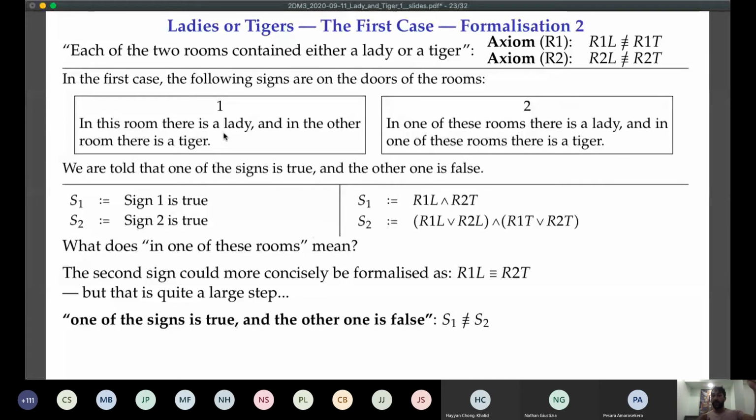So room 1 has a lady and room 2 has a tiger. That's what sign 1 says. Sign 2 says, in one of these rooms there is a lady, so room 1 has a lady or room 2 has a lady, and in one of these rooms there's a tiger, so room 1 has a tiger or room 2 has a tiger.